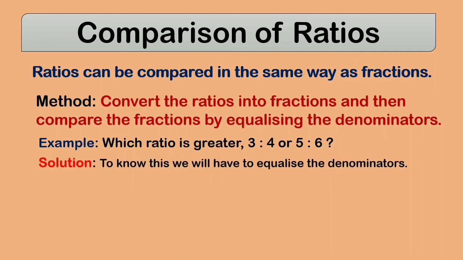Since LCM of 4 and 6 is 12, therefore, for equalizing the denominators, we will multiply the denominator of 4 by 3. Then also we have to multiply the numerator by 3. So 3 by 4 equals to 3 into 3 by 4 into 3, which is equals to 9 by 12.